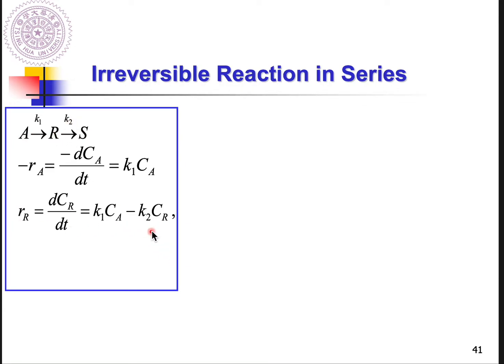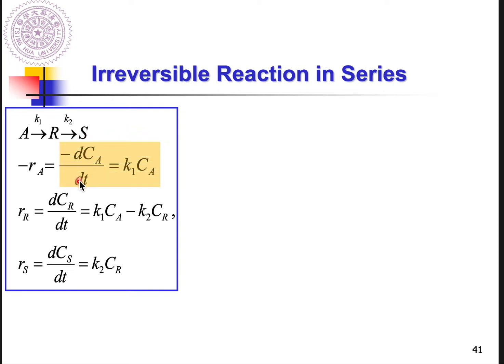So you get the RR. And how do we formulate RS, the production rate of S? dCS over dt equals K2CR. So now you successfully have RA, RR, and RS.